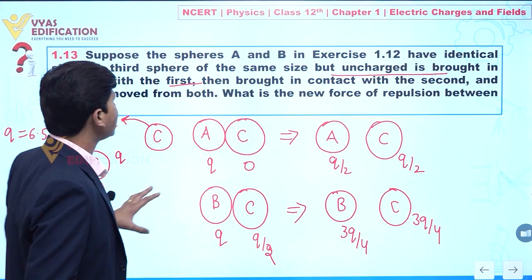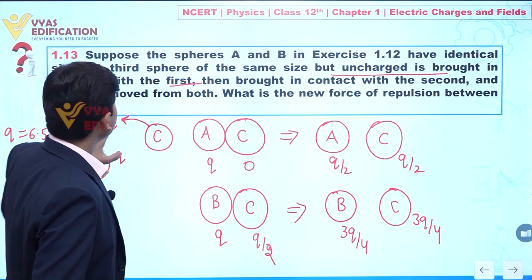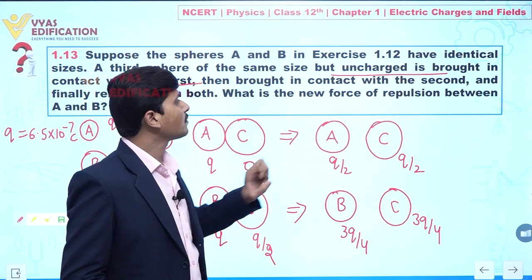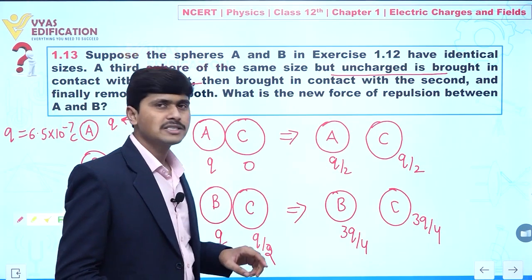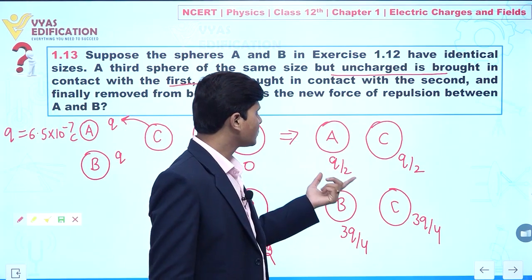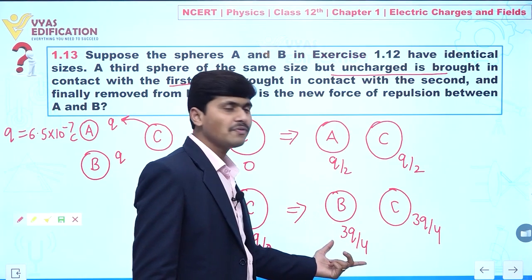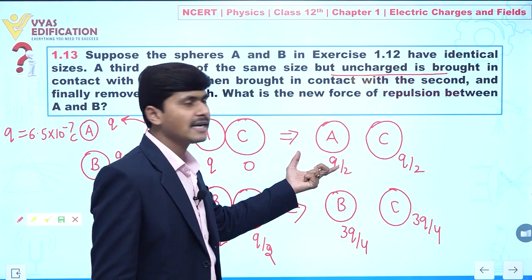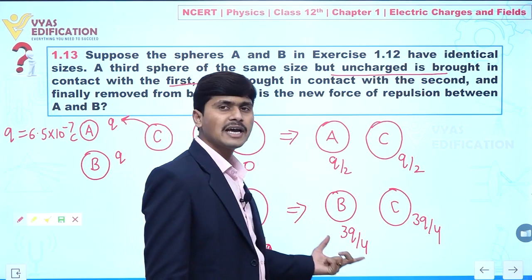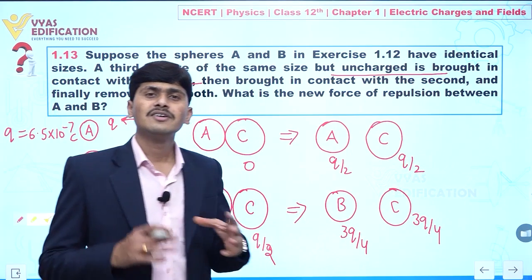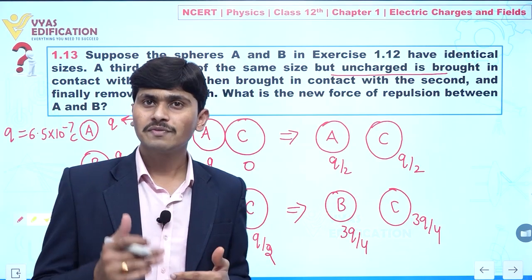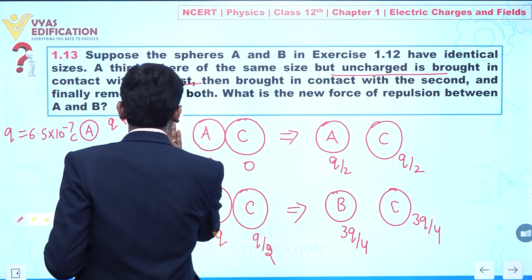Now the question is asking, finally remove the third sphere, what is the new force of repulsion between A and B? Now you can see at A we have charge Q by 2, and at B we have 3Q by 4. So now we have to find the new force of repulsion, clear.